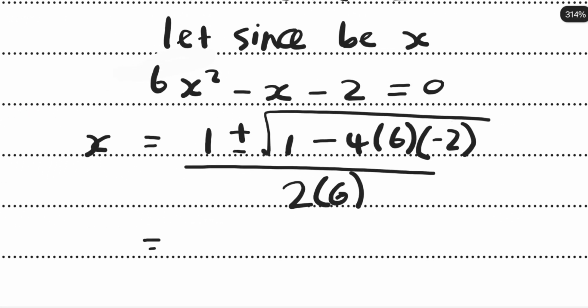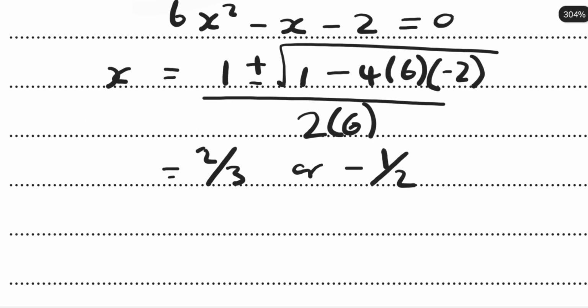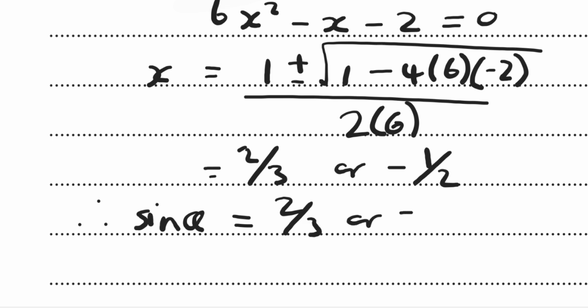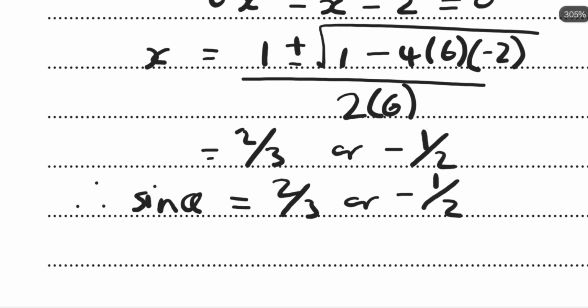And this will give us x equals 2/3 or minus half. But we know that x is standing in for sine theta. So therefore, sine theta equals 2/3 or minus half.